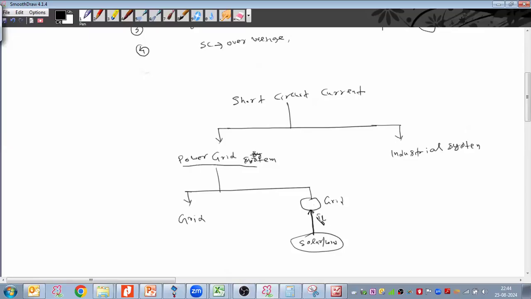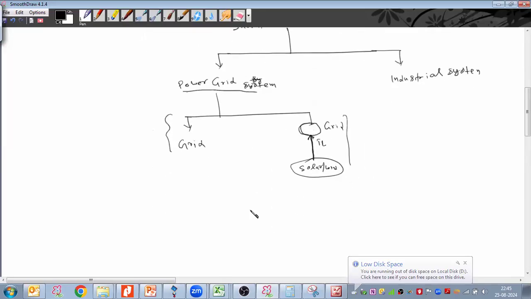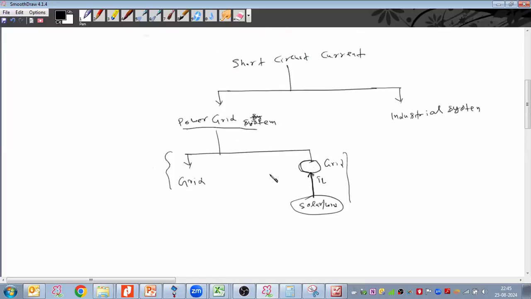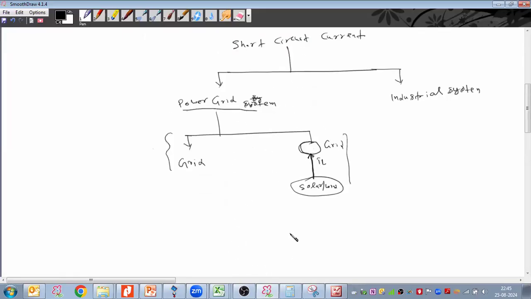So the grid we can divide further like this. My approach, sir, is the type of electrical project; in that way I'm classifying this discussion. Making sense? These are general things.